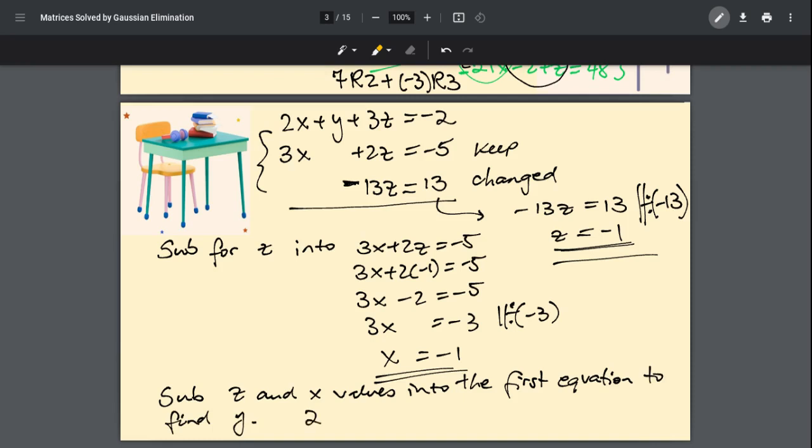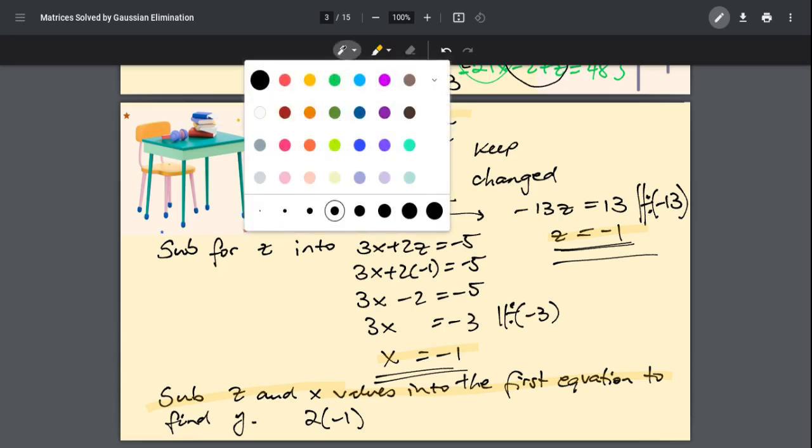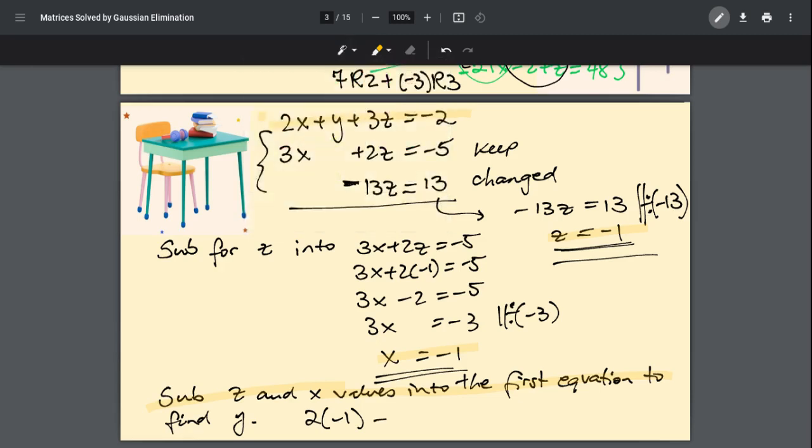Okay, so now 2 times -1. So basically this is what we're looking at, people, okay? Right here, we're plugging in all of this. This and this has to move into the first equation, and then we'll see what we get for y, which is, by the way, the final step, because now it's the only remaining variable we don't know yet.